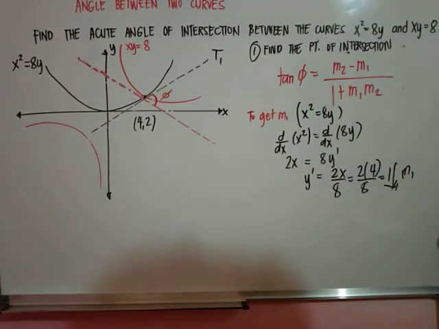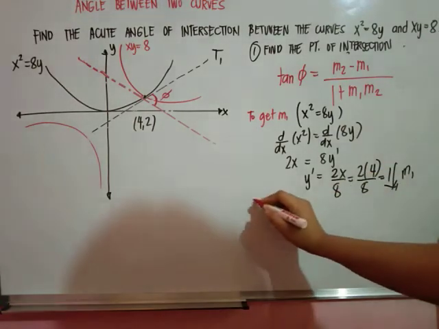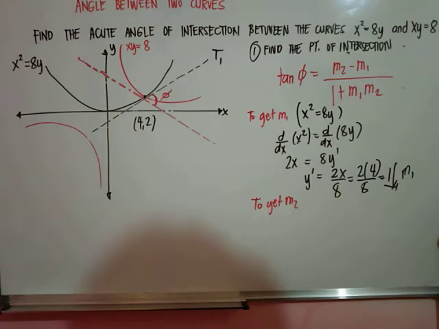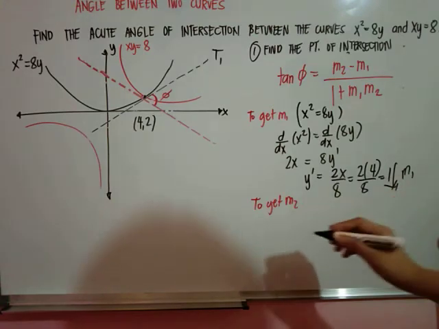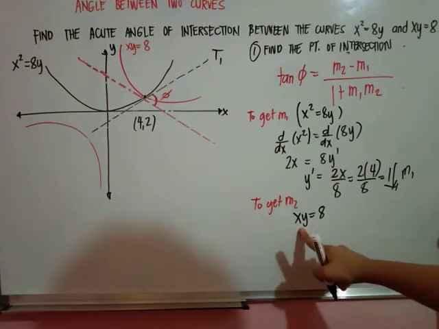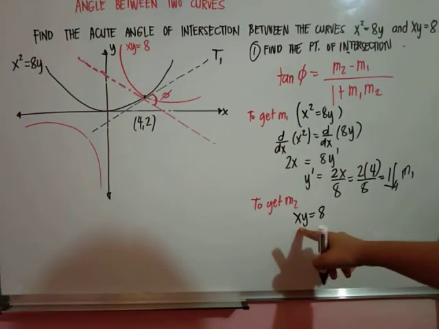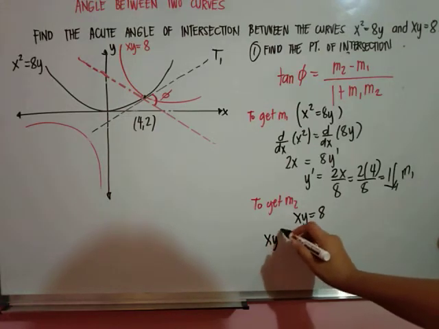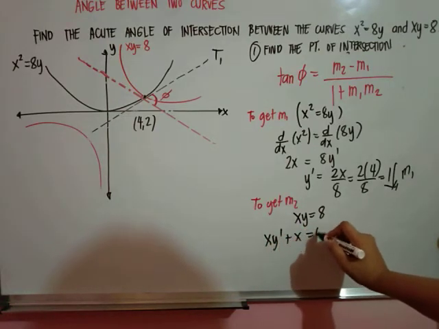So, to get the slope of the second curve, so we have xy equals 8. Implicit differentiation tayo dito. So, we have x y prime plus x equals 0.